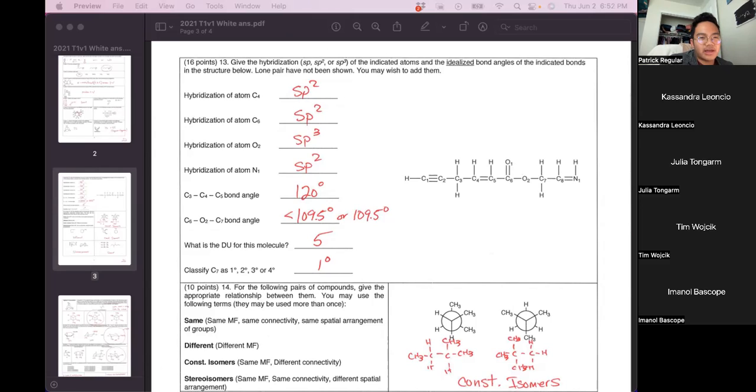Eight minus 4.5 plus 0.5 plus 1 gives you 5. So 8 minus 4.5 is 3.5, plus 0.5 gives it 4, plus that final 1 makes it 5.